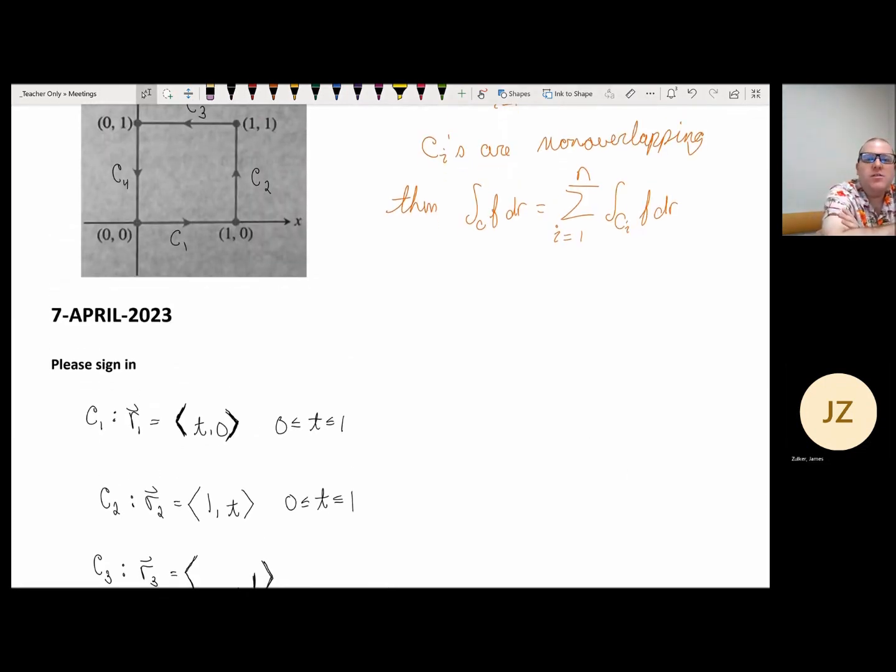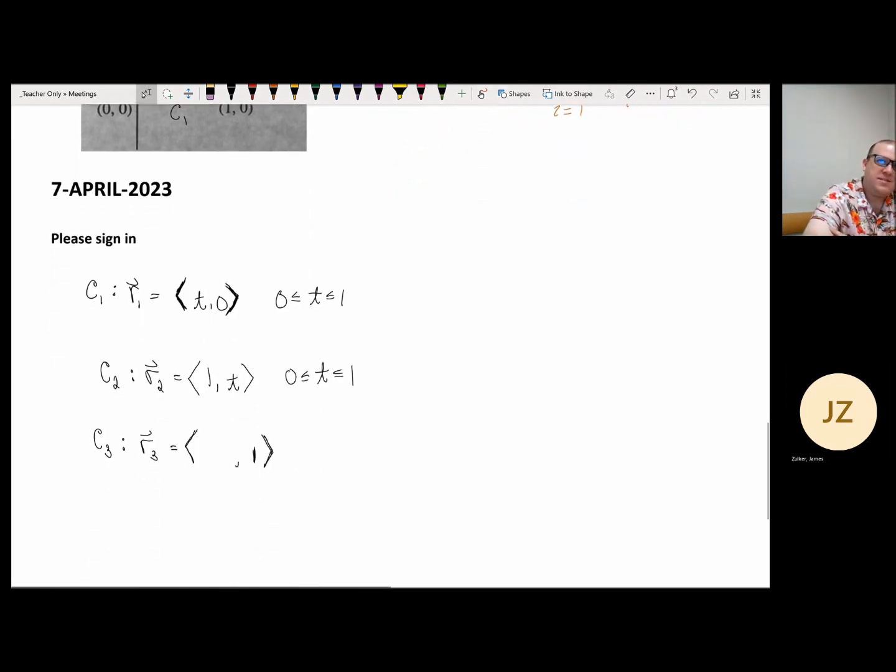Right, so I'm going to keep Y at 1. What about X? Do 1 minus t, for what t? 0 to 1. Is that the only choice? And that's what I'm going to use.